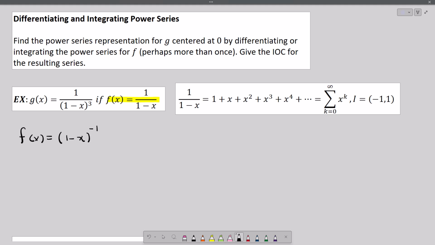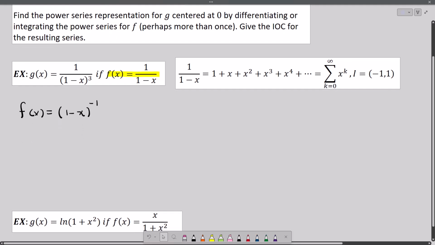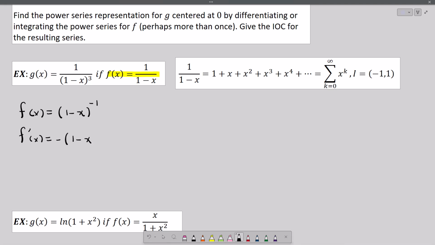It's easier to differentiate when you write it in that form. So f prime will be negative 1 minus x to the negative 2 multiplied by negative 1, so that will make this positive. Chain rule. The derivative of the base is negative 1.